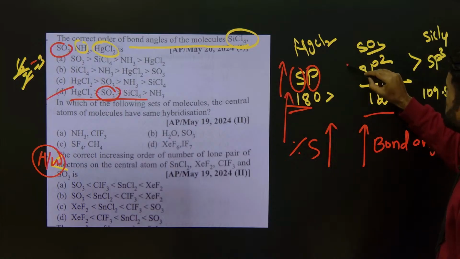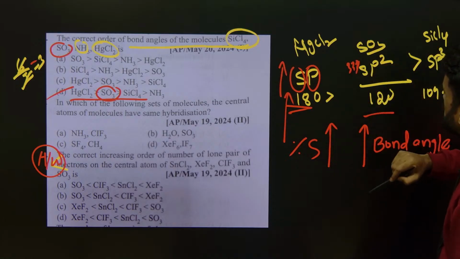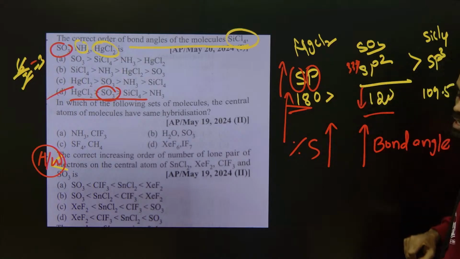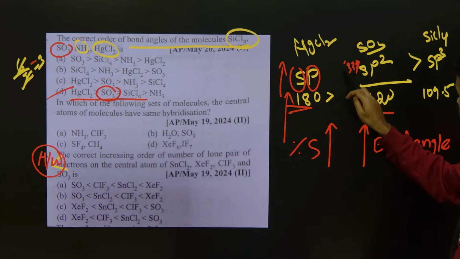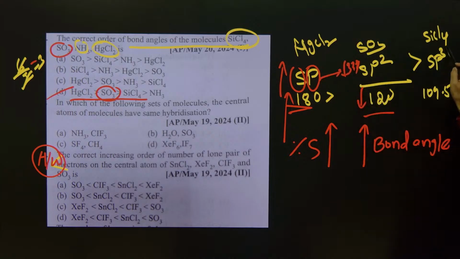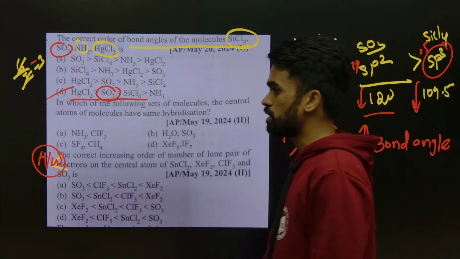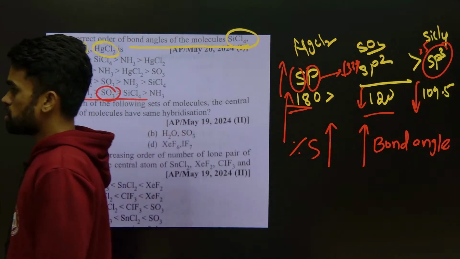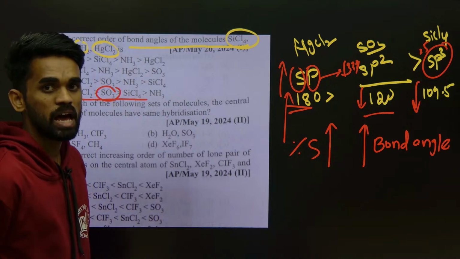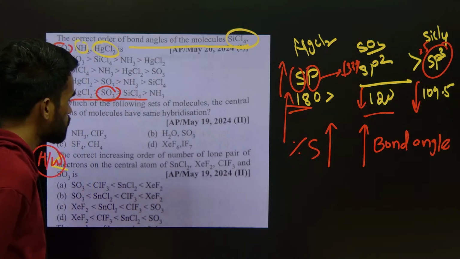Here it is only 33.33% s, so as s character decreased, the angle also decreased. Further s character decreases to 25%, therefore the angle further decreases to 109.5 degrees. You can remember it this way.